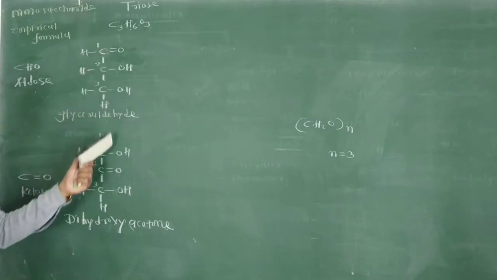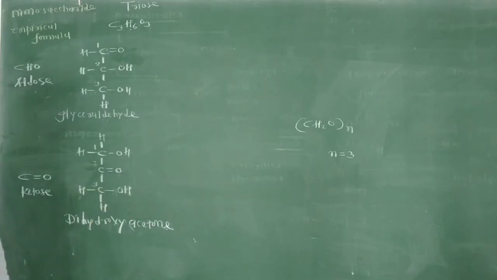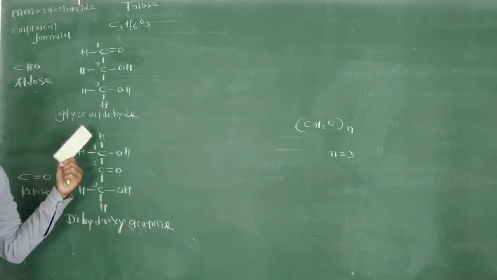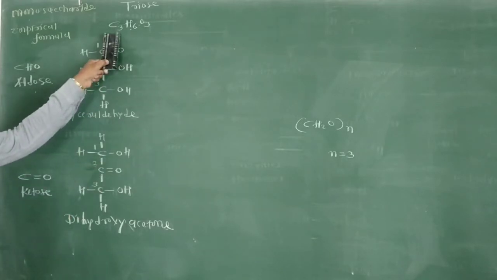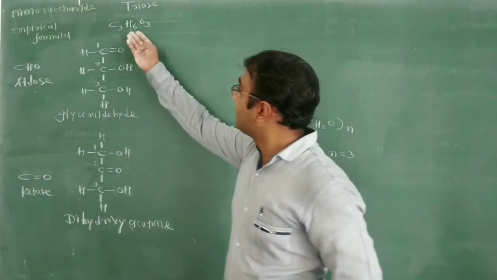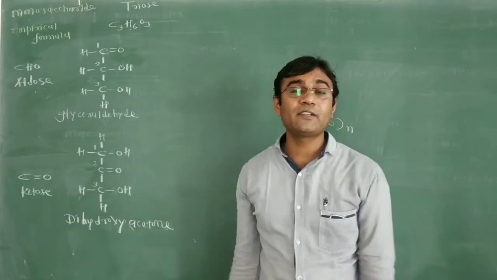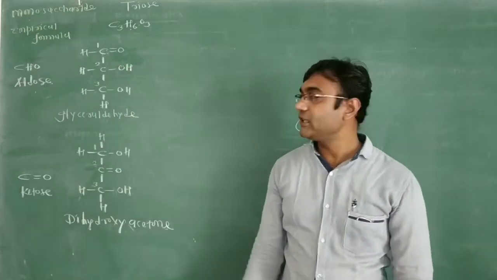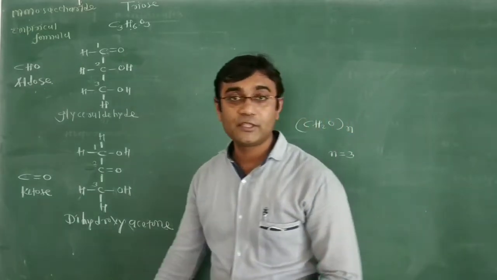Both have the same molecular formula but different structural arrangement. Any chemicals with the same molecular formula, C3H6O3 for both, but different structural formula, are called isomers of each other. Glyceraldehyde and dihydroxyacetone are isomers of each other.